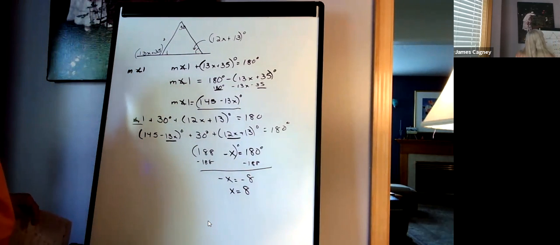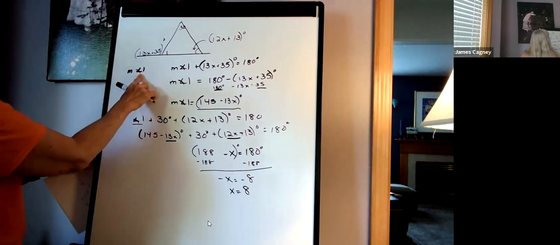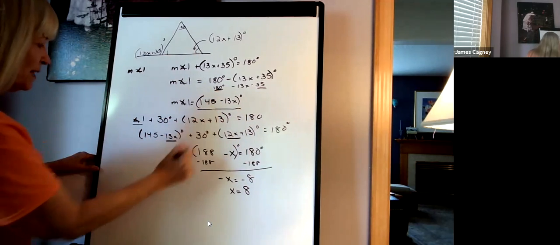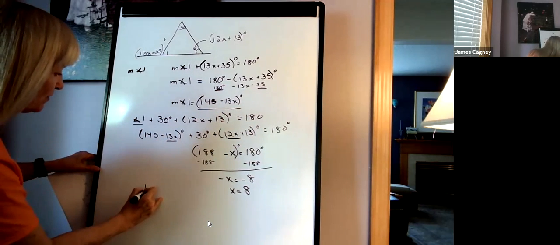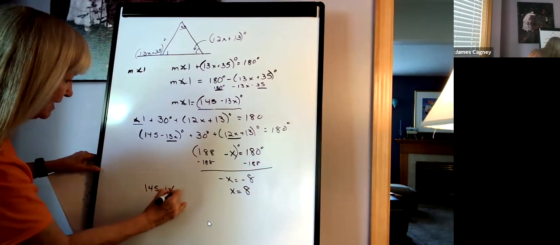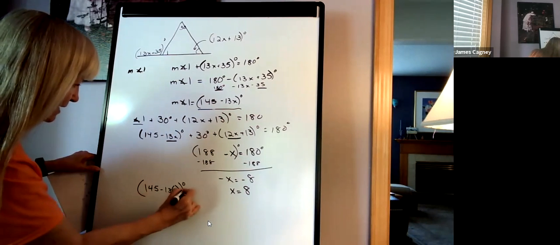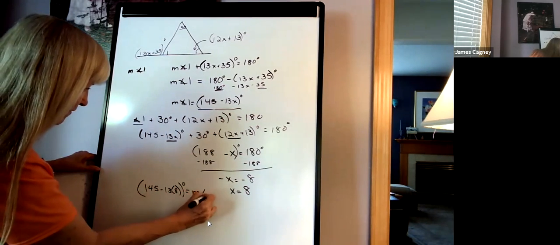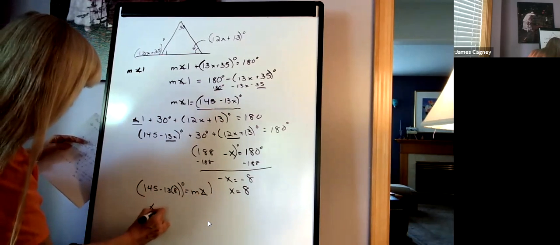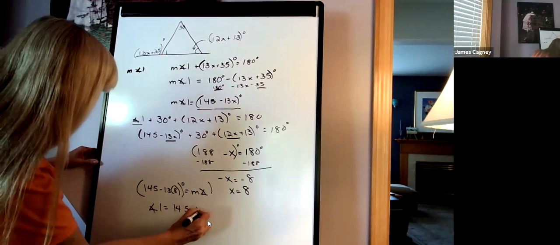So I found out what x is, but I still didn't find out what angle 1 is. I am going to now substitute it into this formula. So I have 145 minus 13 times 8 degrees is equal to the measure of angle 1, or angle 1 is equal to 145 minus 104.